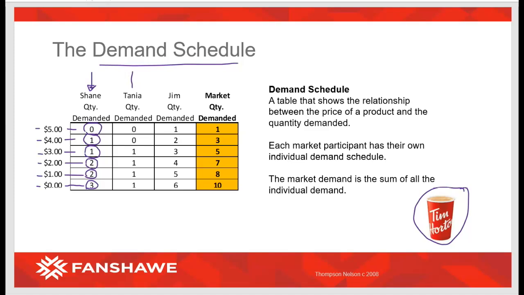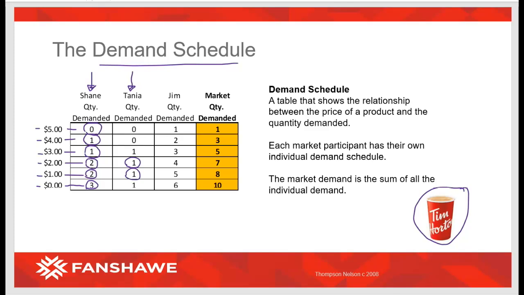And then my wife, Tanya, she also drinks coffee. And her demand schedule will look a little bit different. Tanya enjoys 1 cup of coffee per day, and at the current actual price of $2, she will buy a cup of coffee. But she's not quite like me. She doesn't really want more after that. So even if they lower the price to $1, her personal quantity demanded would not change.